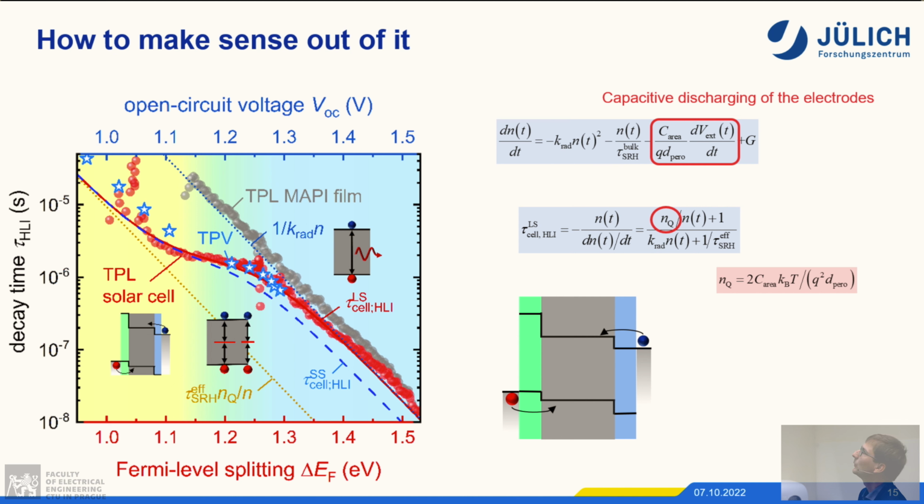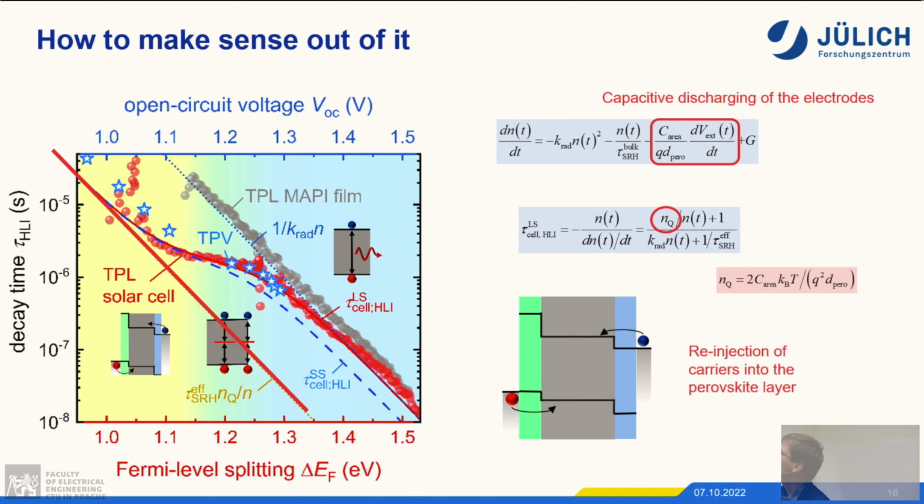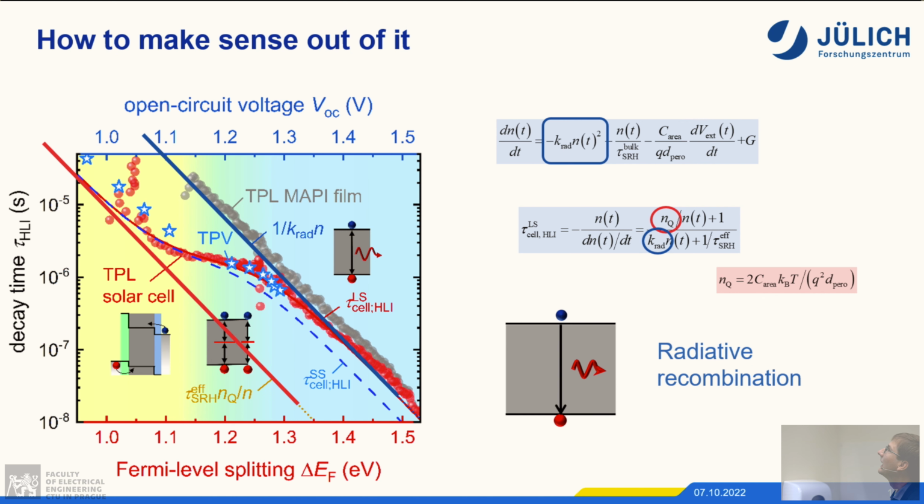So this is where the capacitance goes in. In this equation, the capacitance, so this re-injection of electrons from the contact, is the thing that causes this part of the data. This leads to very long lifetimes at low carrier densities or Fermi level splittings.